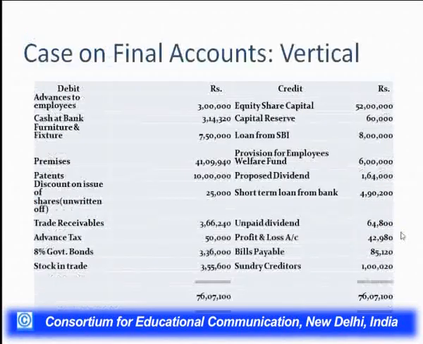Under other current liabilities we shall be taking unpaid dividend. It means this was the amount of dividend which has been announced during the year. It could be at the end of the year, so it could be final dividend or it could be interim dividend. But the important point is that it has been announced but has not been paid.